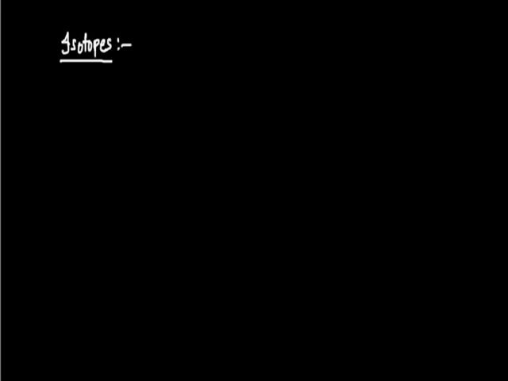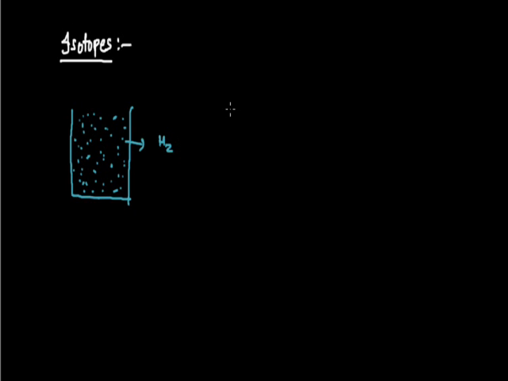Suppose we have hydrogen gas in a container. Now all these dots denote a hydrogen molecule, that is H2. And we know that H2 is nothing but made up of two hydrogen atoms.